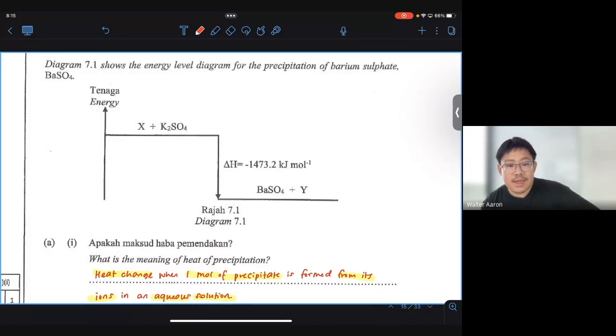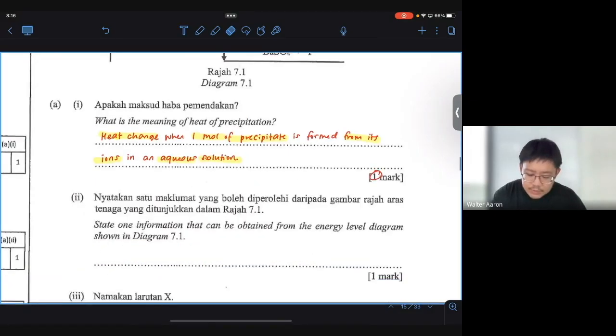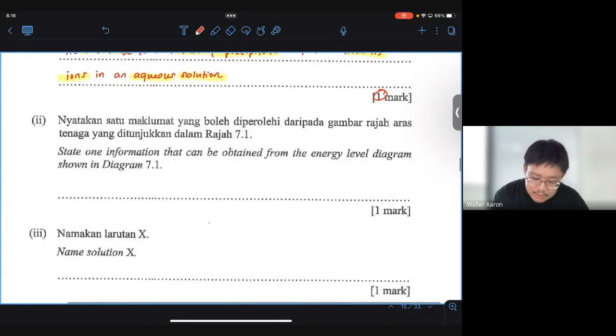So you can either write this down, saying that 1 mole of barium sulfate formed will release this much of energy. Or, because it's negative, you can also say that this is generally an exothermic reaction, also correct. So it depends on whether you want it to be more complicated or easy. If you want the easy way out, then of course you just write the exothermic reaction. So based on the diagram, you can say that this is an exothermic reaction.